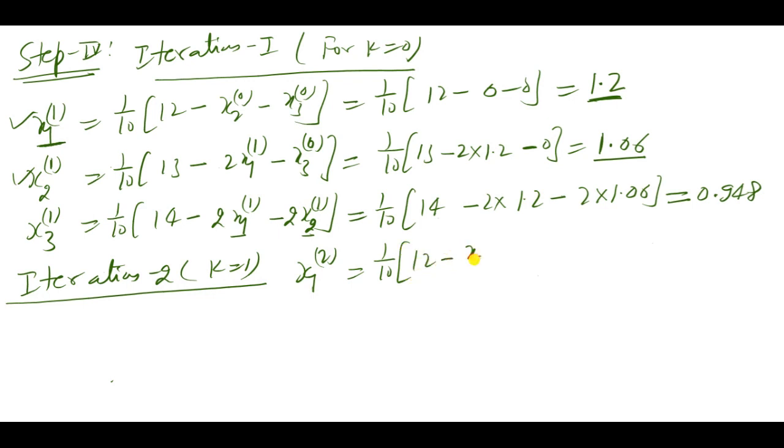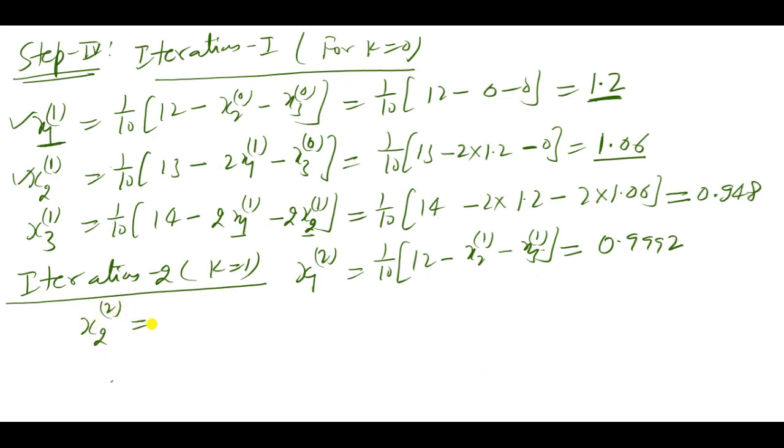Compute x2^(1) and x3^(1) in iteration 1, substitute their values from iteration 1 here, then simplify with the help of the calculator. So we obtain 0.9992.